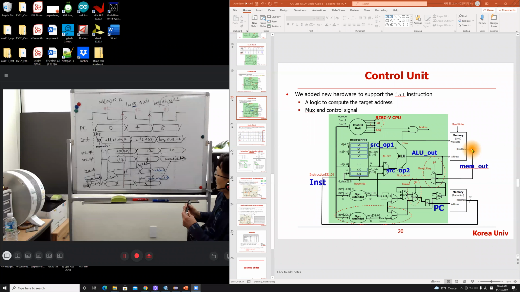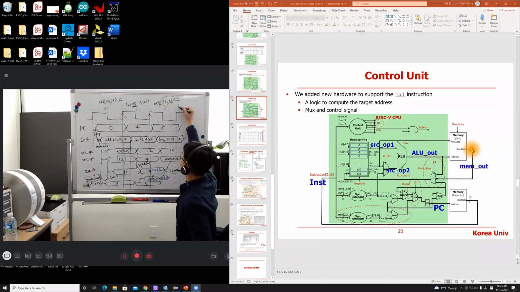So the ALU output will be, I don't know, 12 minus mem data. Based on that, you can make that decision. What decision? Taken or not taken decision.